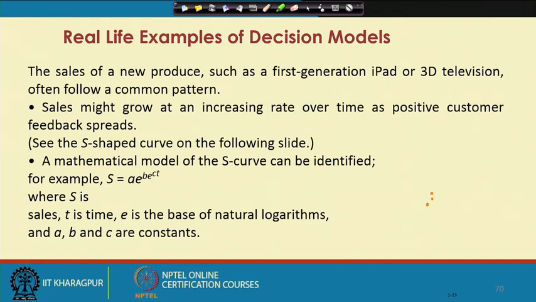Let me give some real life examples here. The fact is that sometimes it is a two-way process. We may develop a particular model and then test where it can be applied, but sometimes the counterpart is also true, where we have information, and on the basis of that information we can develop a particular model.